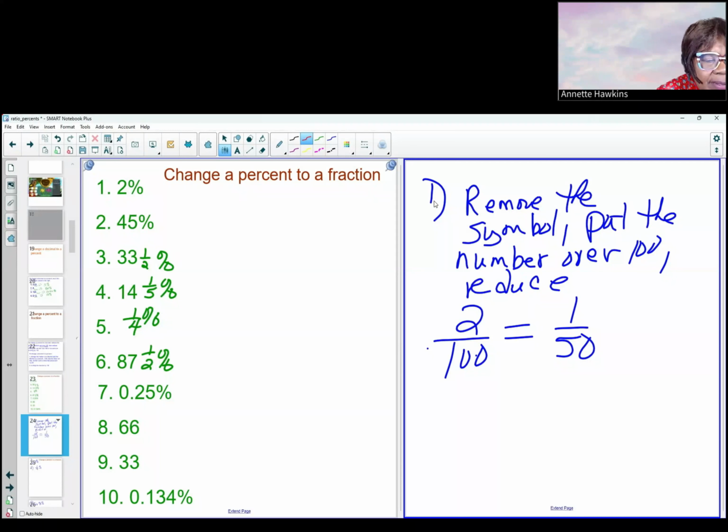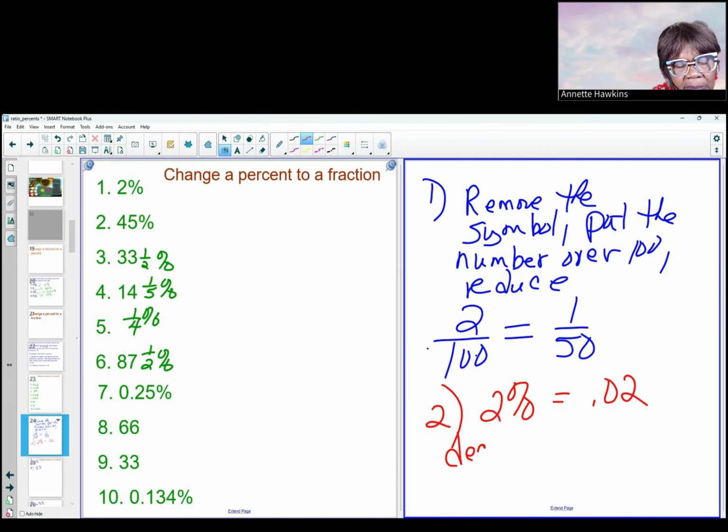All right. Well, you might say, all right, 2%, is there another way that I can perhaps do this? This is the quickest way. Put it over 100 and then reduce it. But you might just want to stick with something else. You might want to say, okay, I'm going to change this to a decimal and then change the decimal to a fraction.